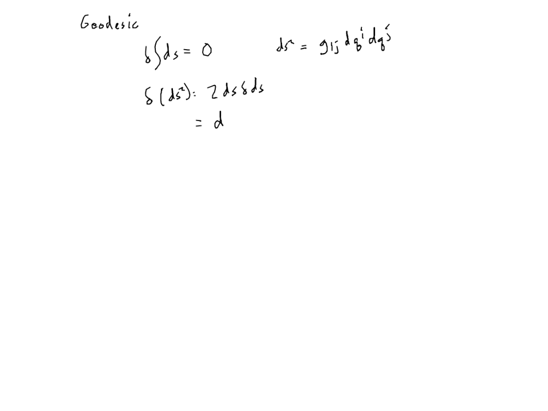And that is equal to dq i dq j times delta g i j, because I'm doing a chain rule thing here, plus g i j dq i delta dq j plus g i j dq j delta dq i.